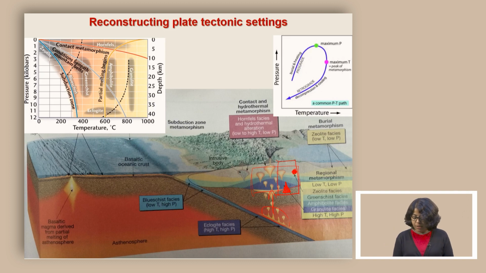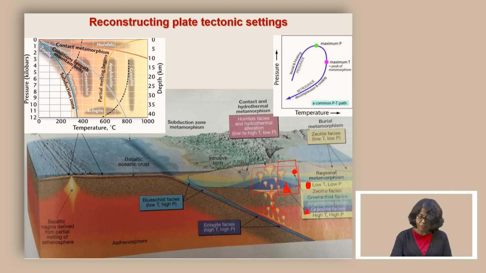So, as a result, in these cases we are going to expect a metamorphic facies which is granulite, which corresponds to high temperature and pressure, and in these cases we are going to expect a low grade metamorphic facies, something like zeolite.